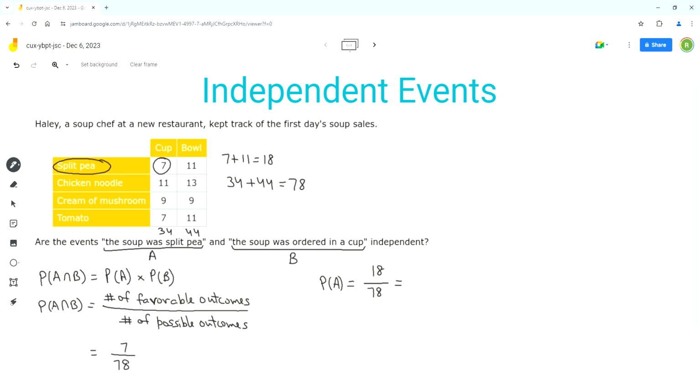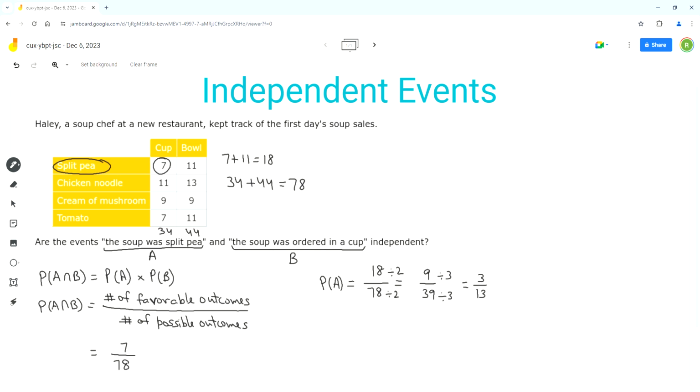We can reduce this fraction by dividing the numerator and the denominator by 2. I get 9 over 39. And this fraction can be reduced further by dividing both numbers by 3. I get 3 over 13.